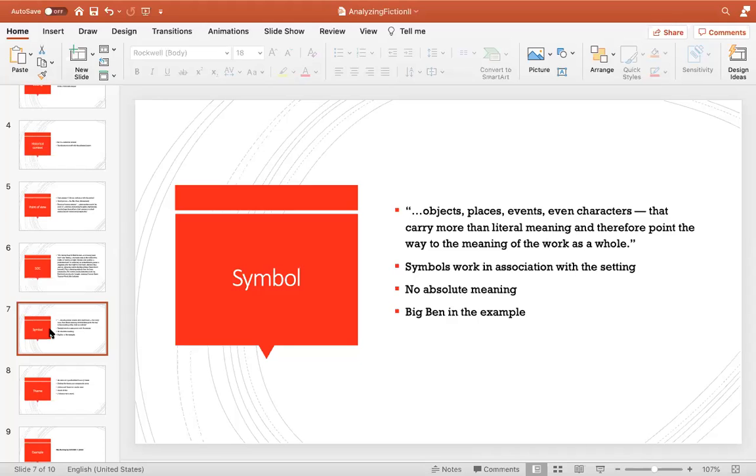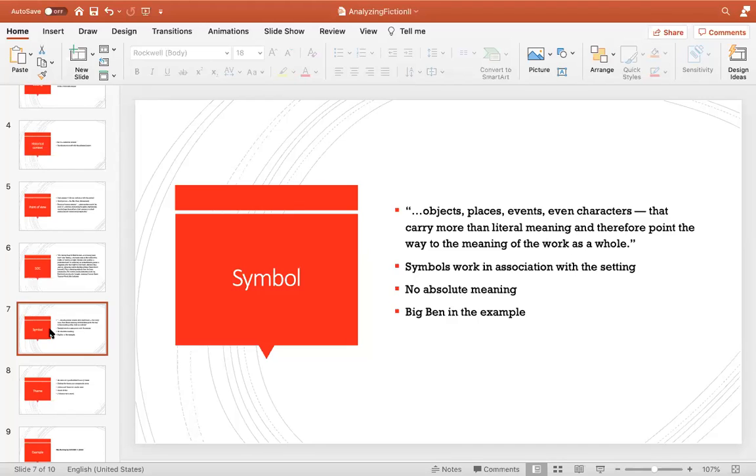Now, symbols work in association with the setting. You cannot just impose a meaning on a symbol from your own. Rather, you need to consider the whole setting of the story that you are reading and then attribute a meaning to an object if you want to treat that object as a symbol.